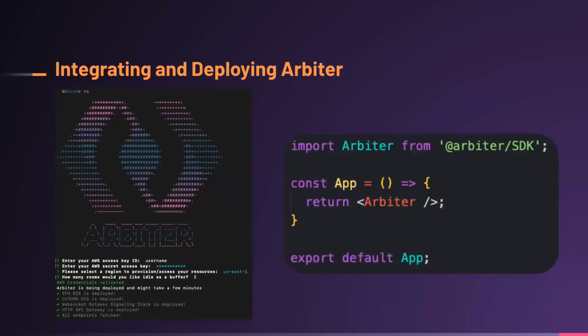So first of all, Arbiter now consists of a command line interface, which is an NPM package you can install and simply run Arbiter deploy to get all of Arbiter's cloud-based infrastructure available to you within minutes, as well as a React SDK, which you can also download, put into your app with a single React component, and within minutes, you'll have it integrated into every page of your application that has the component integrated into it.